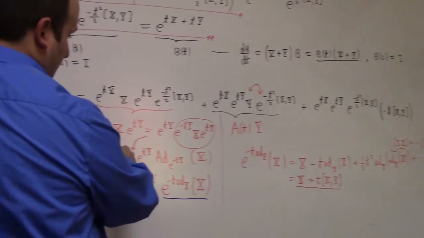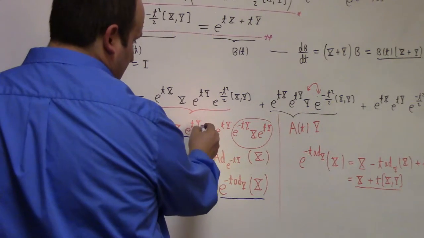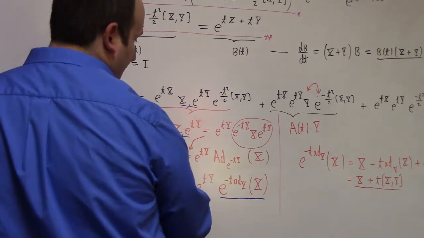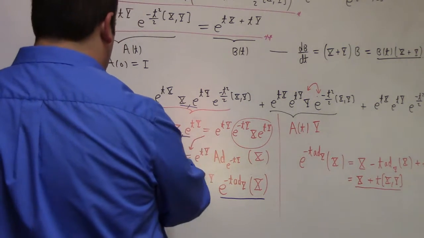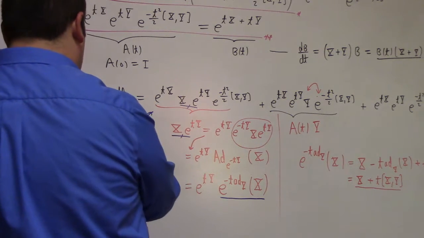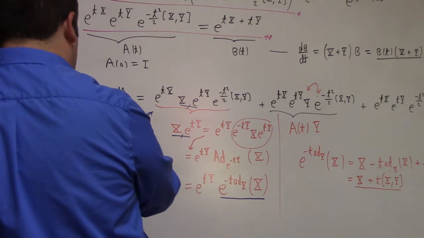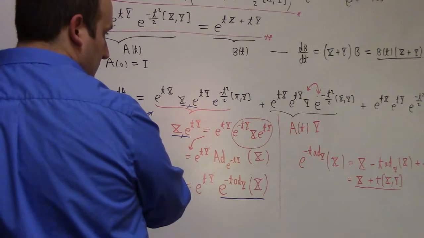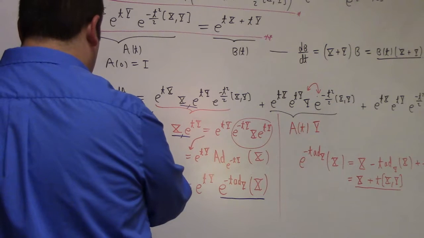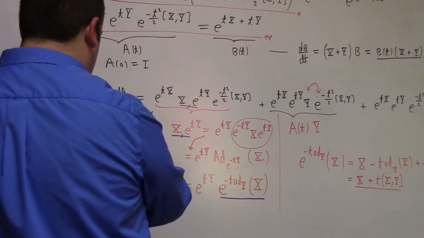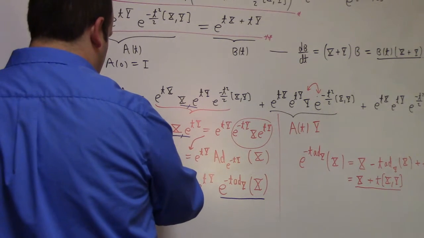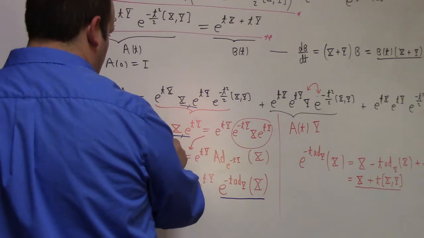So we have x e to the ty, which is right here. So this first term is actually e to the tx times x plus t times the commutator of xy, times e to the negative t squared over 2.